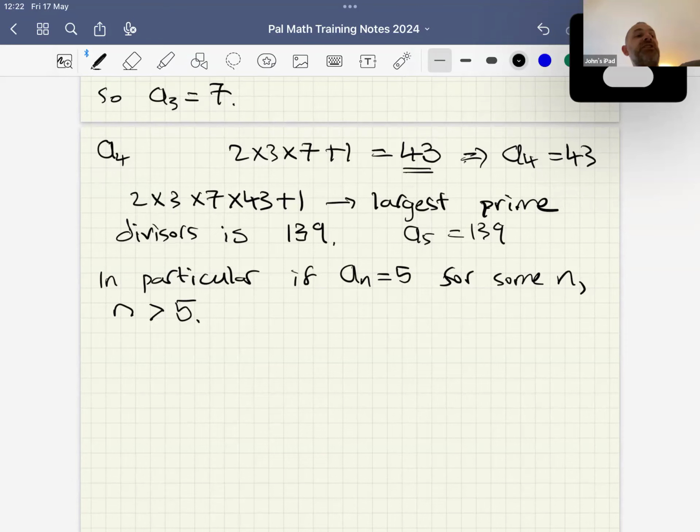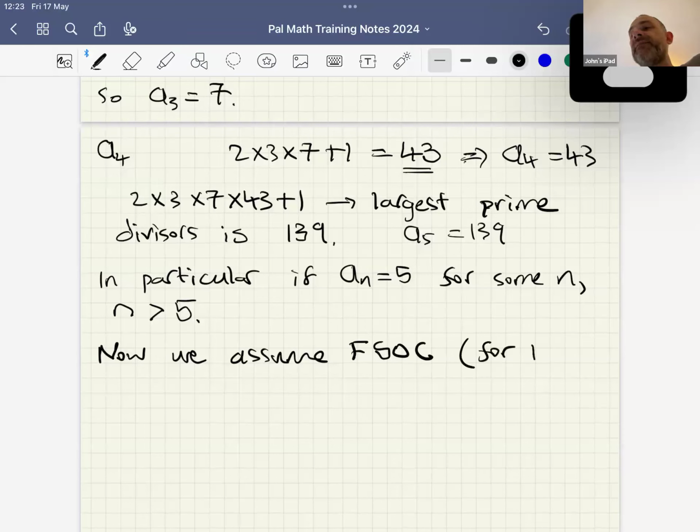Okay, so I'll just continue. We're going to do a proof by contradiction. So now we assume, for the sake of contradiction, this is a very useful shorthand. This means for the sake of contradiction.